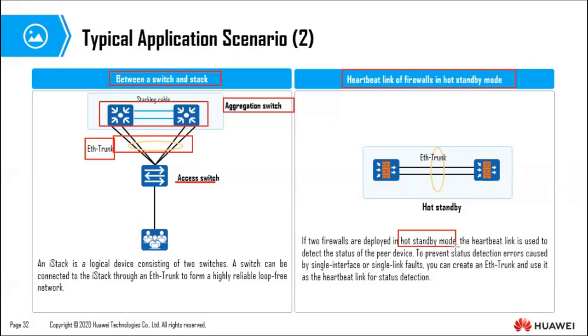So hot standby mode simply means that we are connected together and we are listening to each other. One of us is functioning, the other one is acting as backup. Are you together? So if the one that is working goes down, then the other one is activated.